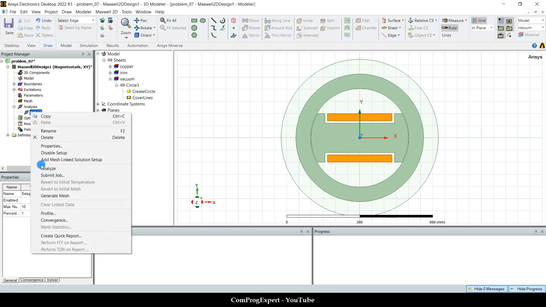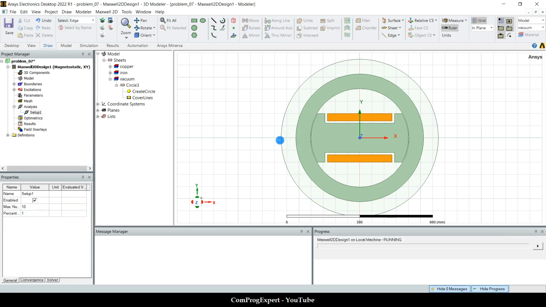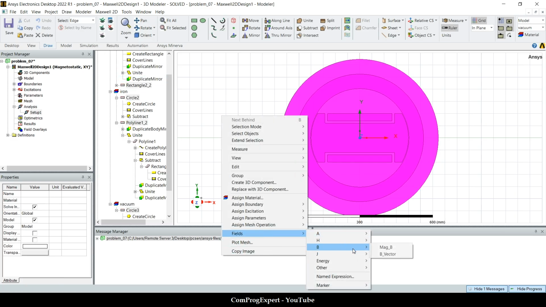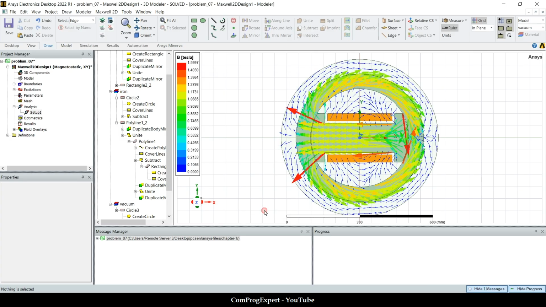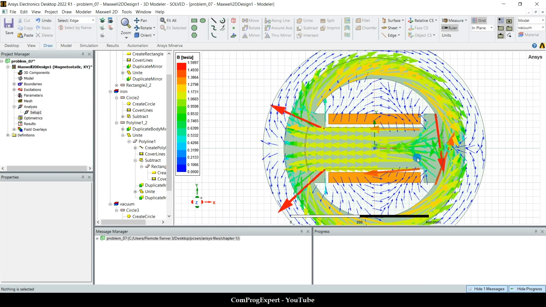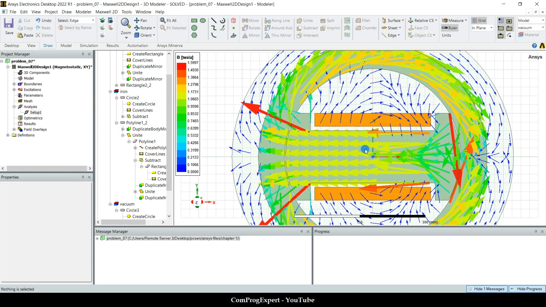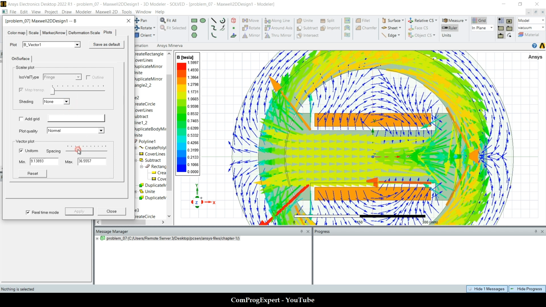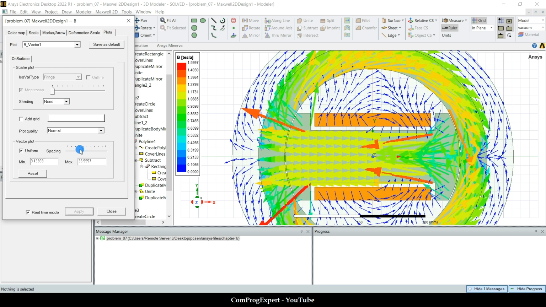So let's analyze and check. Solution completed. We can select all faces, plot B vector, the direction of the magnetic field. So let's reduce the spacing. Okay.